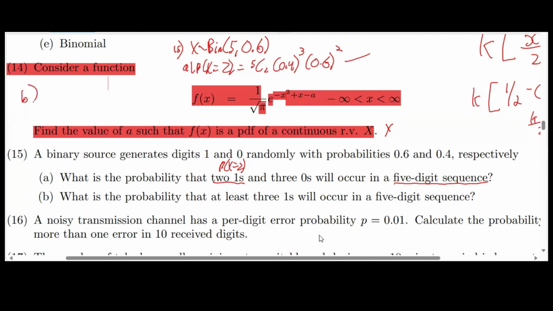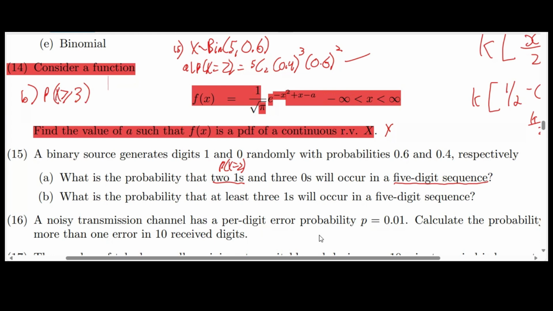And then B, what is the probability that at least 3 ones will occur? They said at least 3 ones, so that is more than or equal to 3. So the probability X is more than or equal to 3.